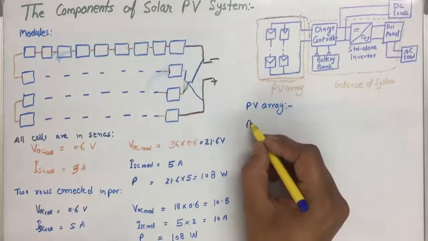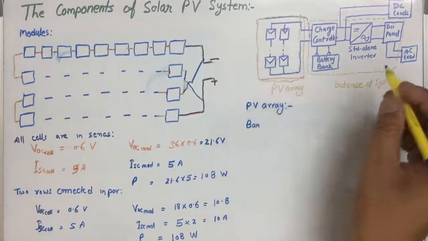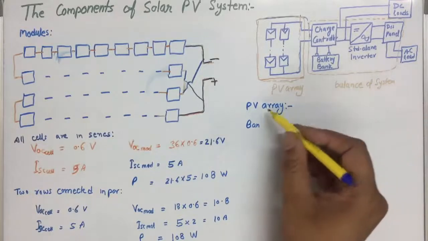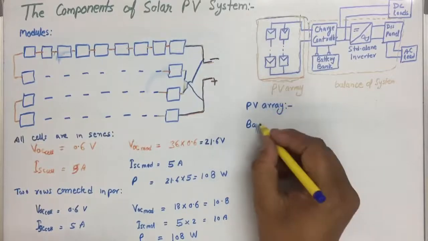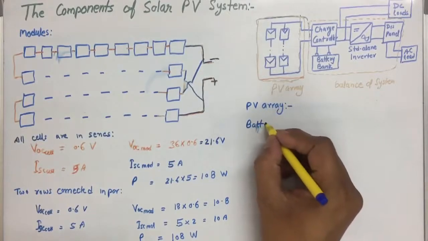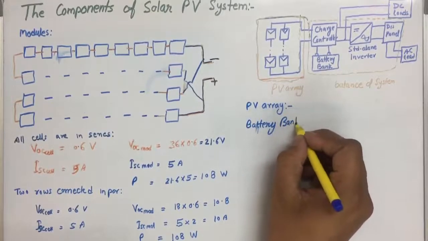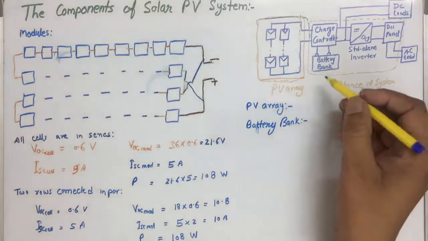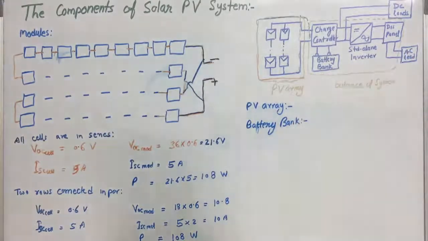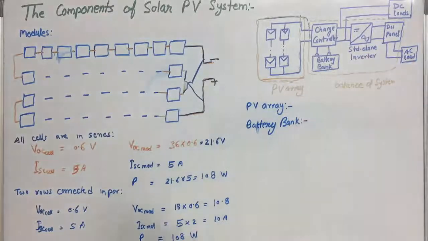Second is the battery bank. That is a very important part of a stand-alone PV system. Battery is the lifeline of the standalone system. We can say it increases the usability of the off-grid PV system.